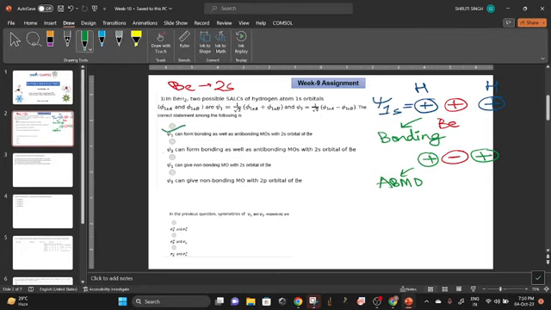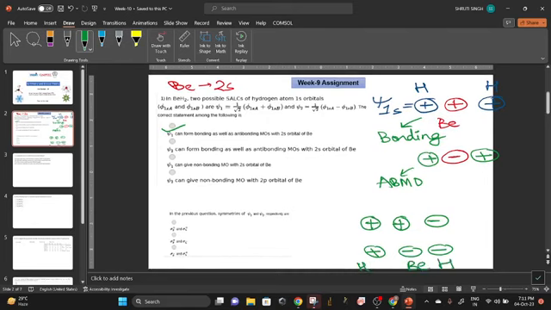Same goes for this also. Psi2 can also form bonding as well as anti-bonding with 2s. So if Psi2 is plus minus combination, no, Psi2 cannot form, because here if it is plus, this is neither bonding. So this is H, this is H, this is beryllium.